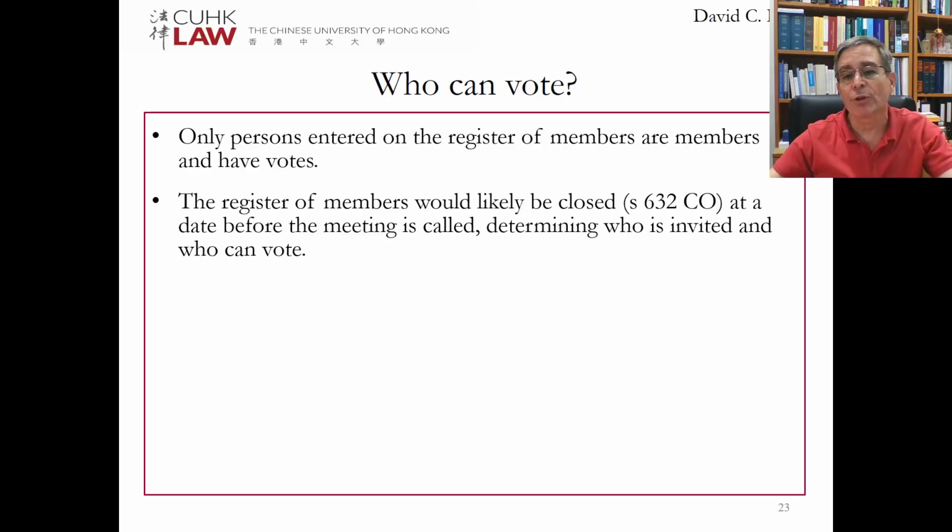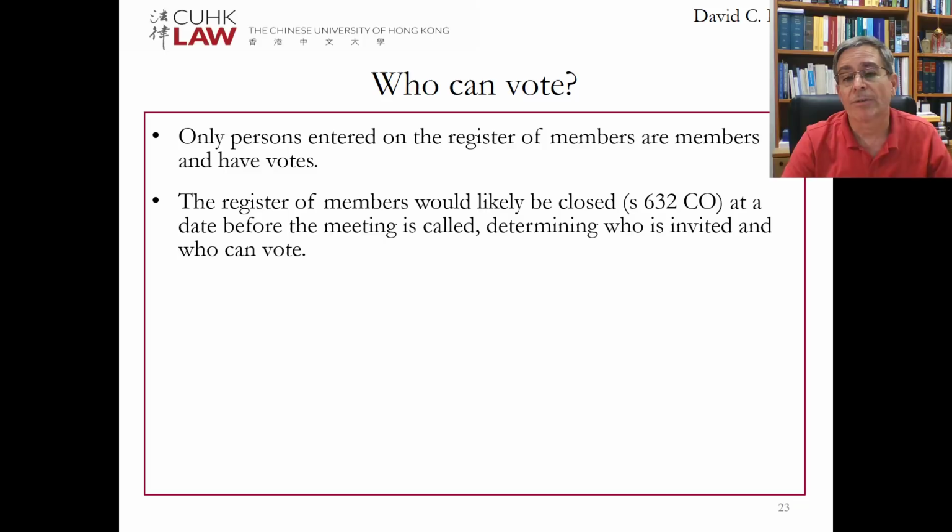You can see how for the company it would be very messy if the company had to meet the 21-day requirement for giving notice, and then shares were sold and new members were entered into the register of members, and the new notice needed to go out with 21 days notice, so you would have the date of the meeting receding into the future.